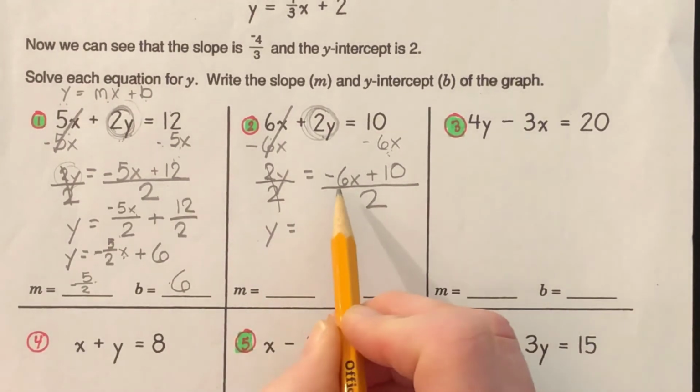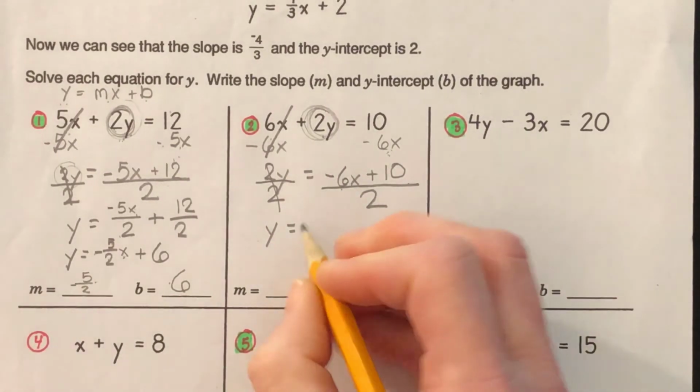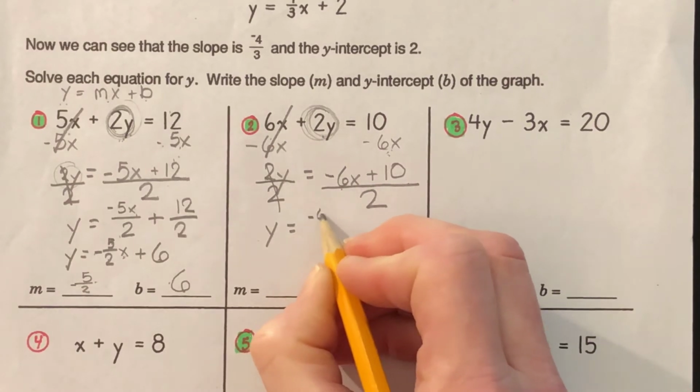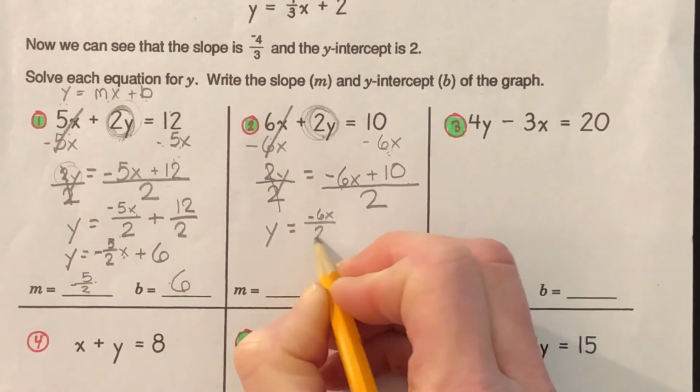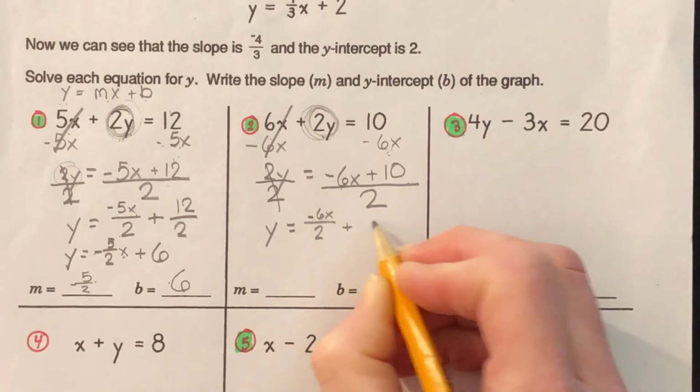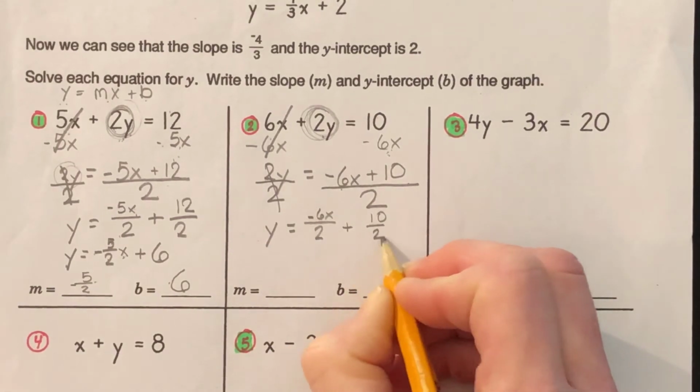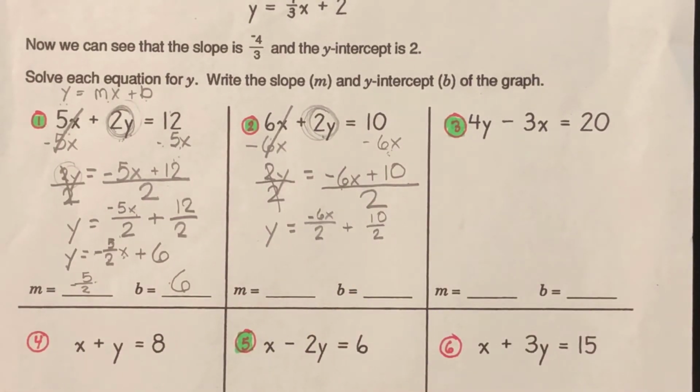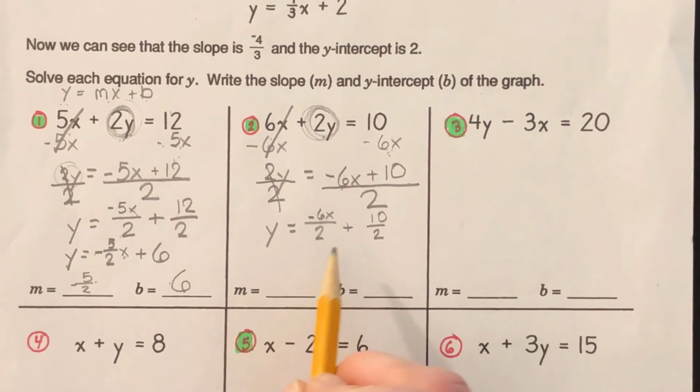Now we'll do each term separately. We've got -6x over 2 plus 10 over 2. Now we simplify these.